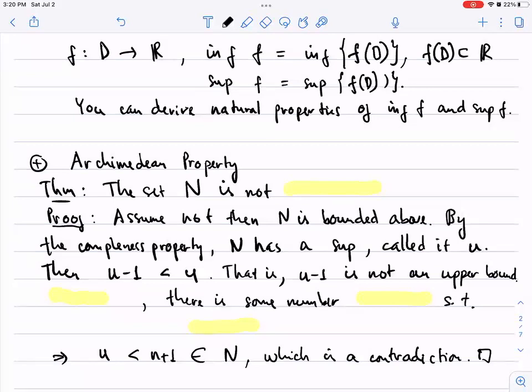So what is this statement? The statement says that for the set N, remember N here is the set of all natural numbers, by the Archimedean property, the set N is not bounded above.